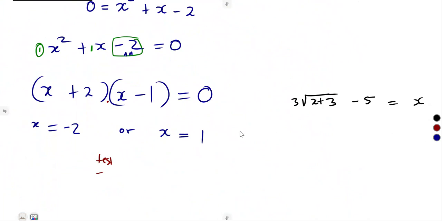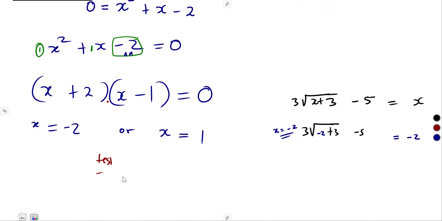So we want to test it to say, if our x is equal to minus 2, it means the left-hand side must be equal to the right-hand side, of which the right-hand side, x, is minus 2. So let's simplify the left-hand side and see if we are going to obtain the same answer if our x here is minus 2.